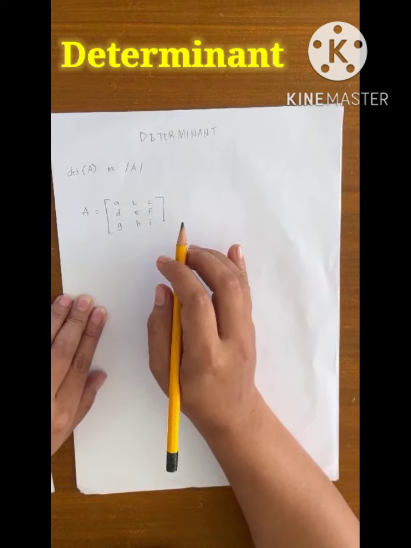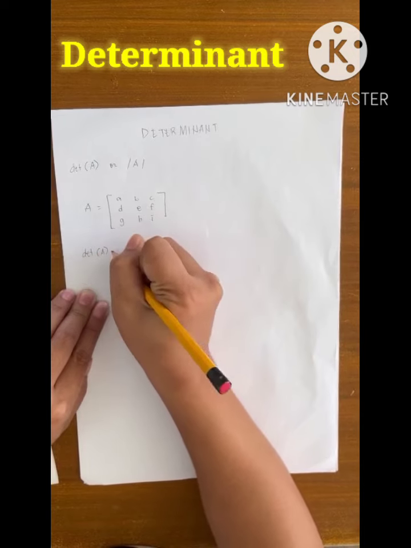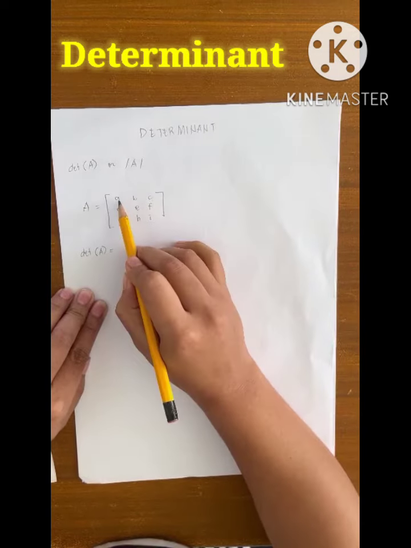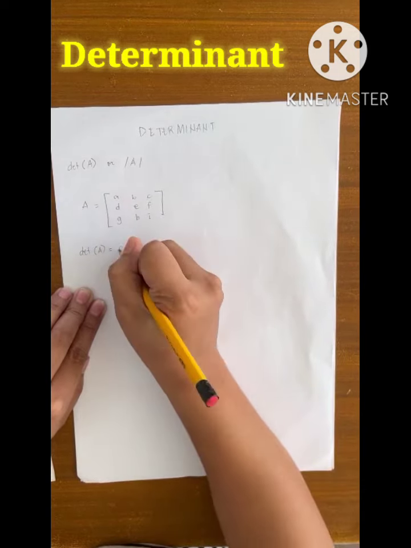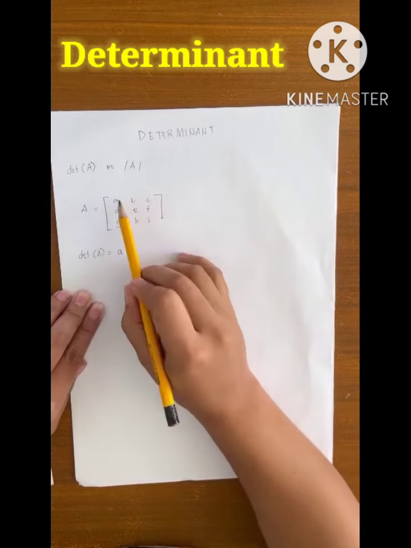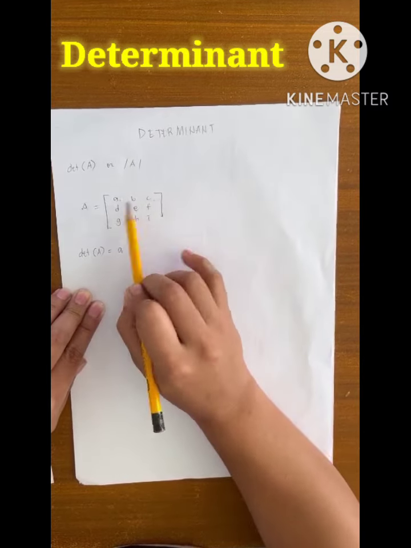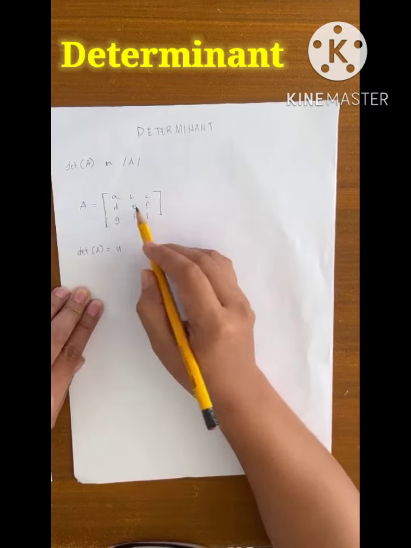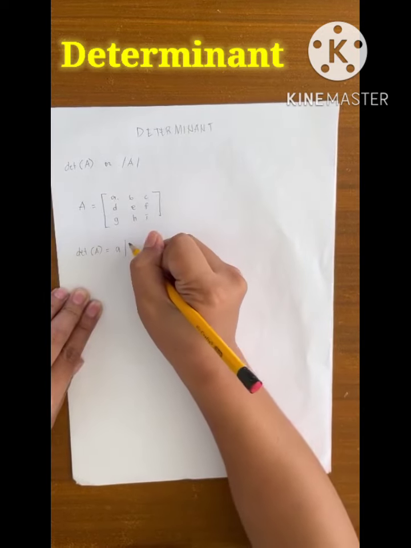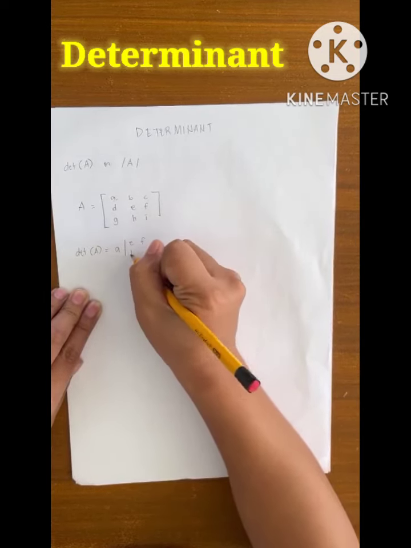So, for the determinant, we will use this form. We will use first A as the scalar. A is in row 1 and column 1, so we will cross out row 1 and column 1. The remaining elements are E, F, H, and I.